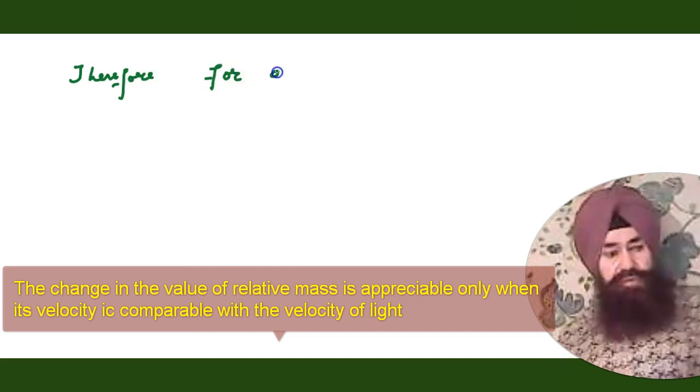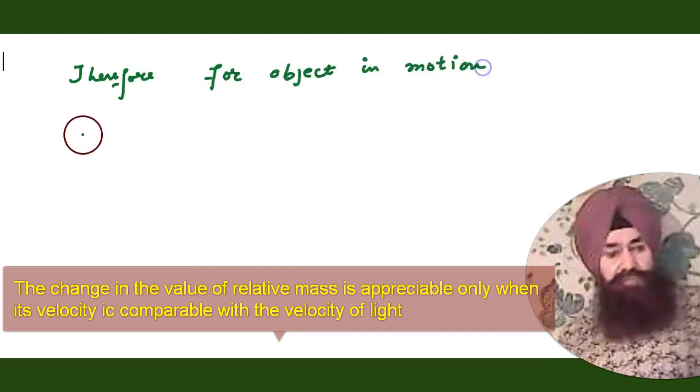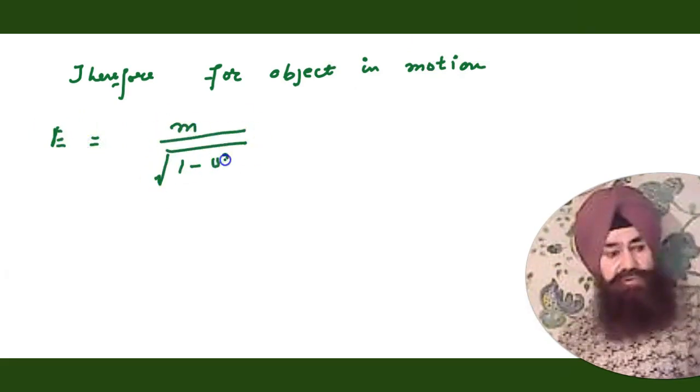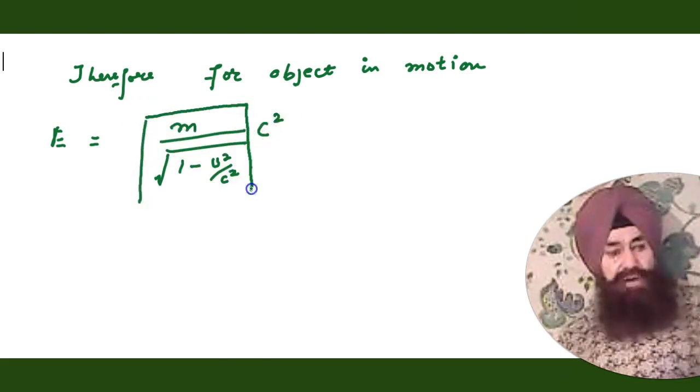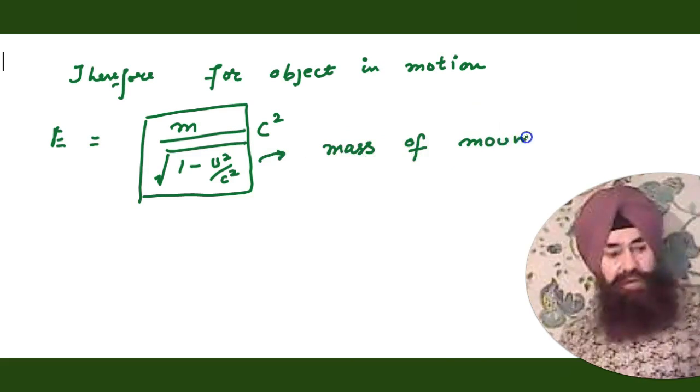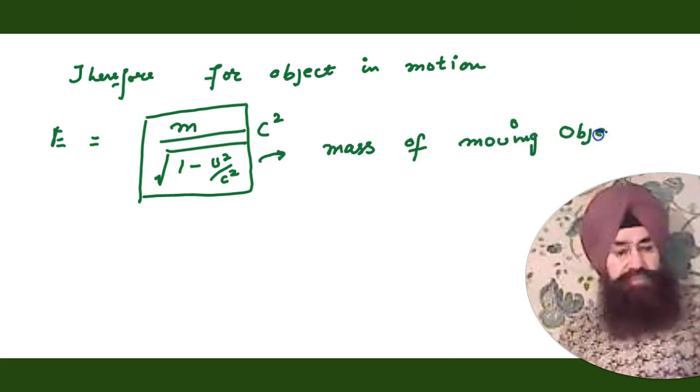Therefore, for an object in motion, we write E equals gamma mc square, or moving mass multiplied by c square.